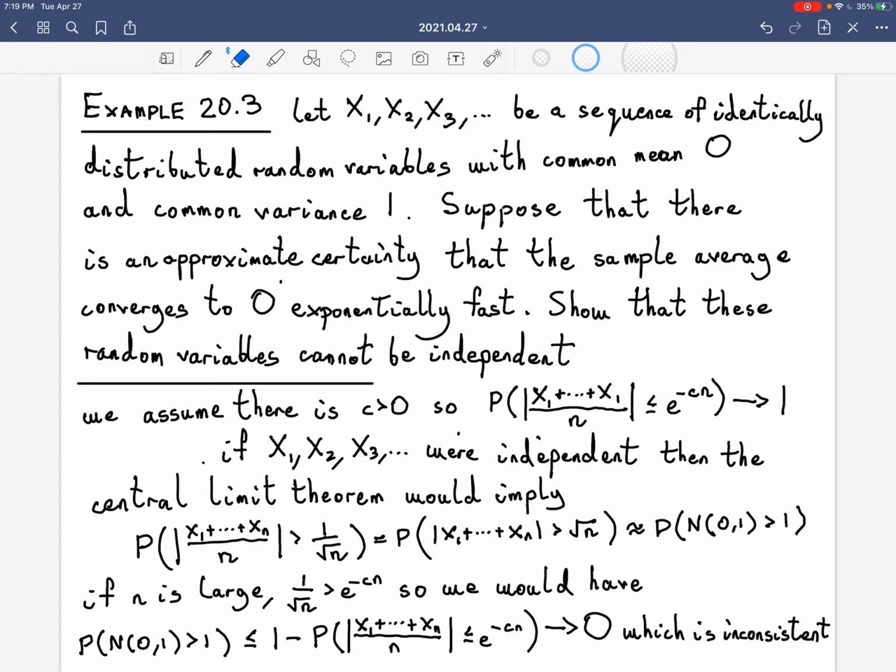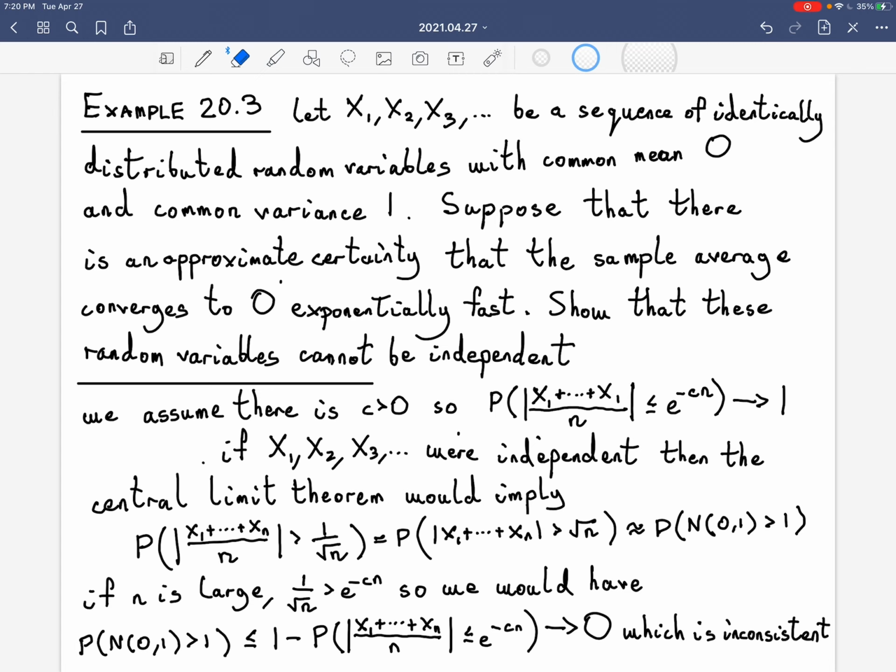Whereas if the sample average were decaying exponentially fast, then the probability of a square root n deviation would be crushed by the complementary probability of exponential decay, which would go to 0.